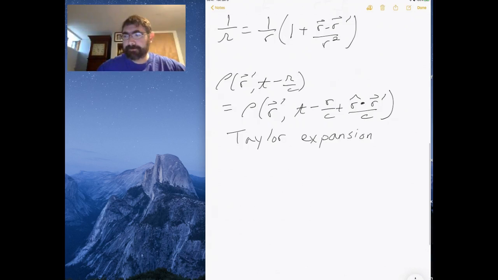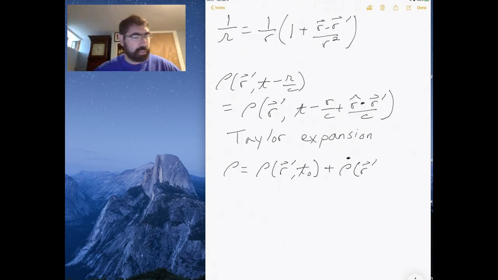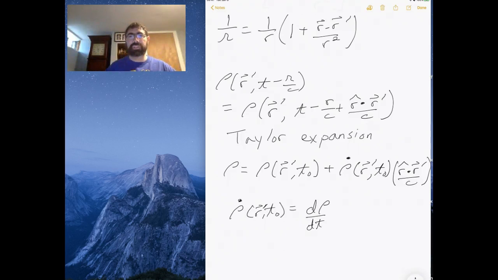The charge density is equal to the charge density at r prime and what I would call t0, plus the derivative with respect to time of the charge density evaluated at t0 times r hat dot r prime over c, where rho dot is, like I said, the time derivative of the charge density evaluated at the time t0.